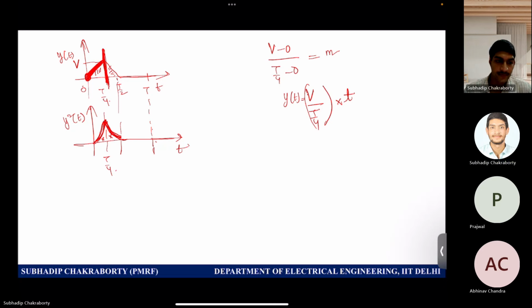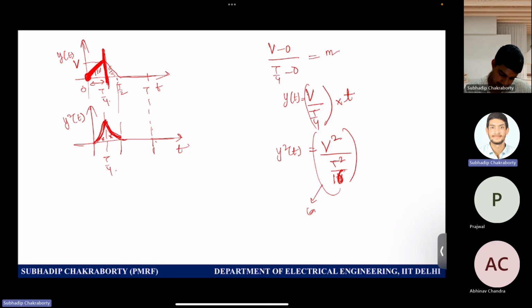Agreed or not? For this interval only. Then let us find the square of that. For y square of t, V square divided by T square by 4 square, which is 16. This is a constant. And then you have t square, right? So now for this curve, I can find the area for the 0 to T by 4 interval.